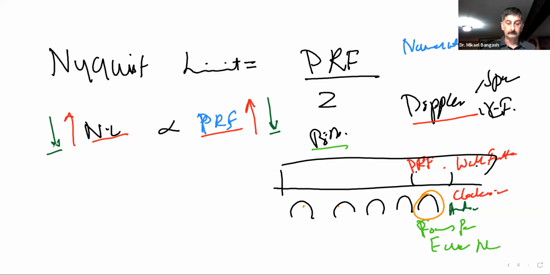Did that make sense? By turning this button clockwise and anti-clockwise, there will be a point where your aliasing may disappear. Clear? Mainly because the PRF increased to a limit where the Nyquist limit increased enough to be equal to or at least faster than the velocity of blood.